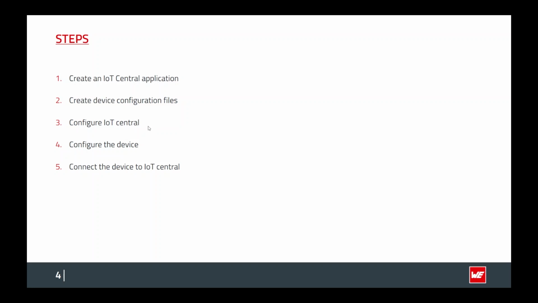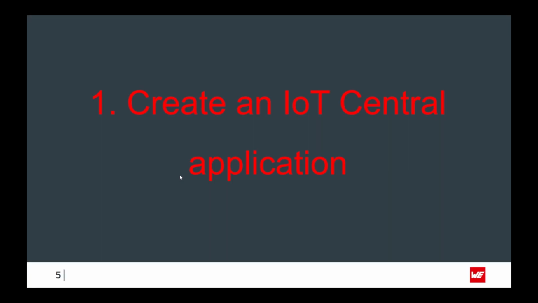Finally, we are going to configure the IoT Central platform to allow connection of devices. Once this is done, we configure the device itself with the credentials necessary to connect to IoT Central. Finally, we connect the device to IoT Central, and it's time to see the data onto the dashboard. Without further ado, let's get started.